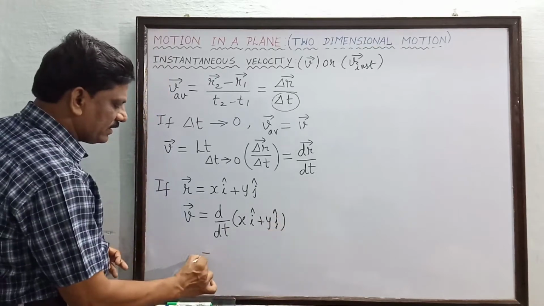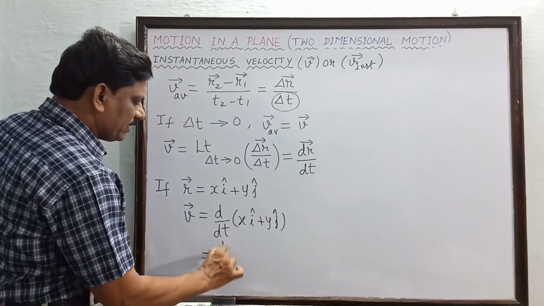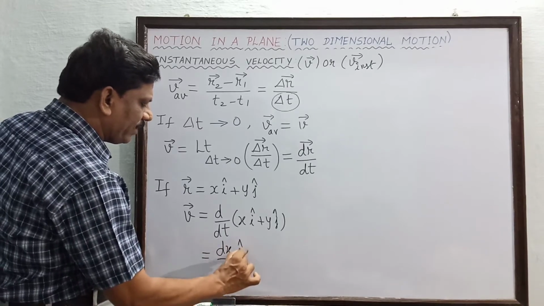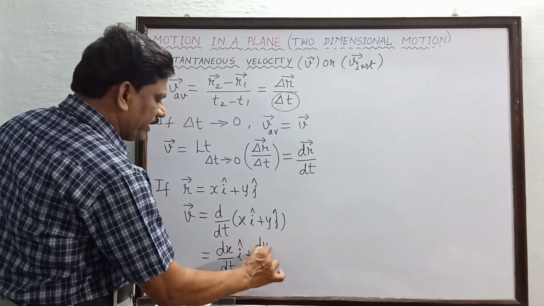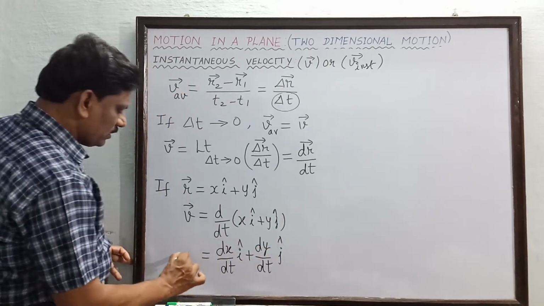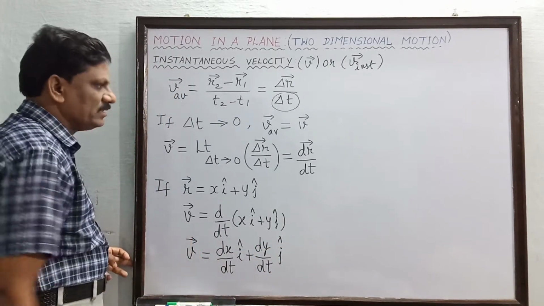So this is equal to dx by dt into i cap plus dy by dt into j cap. So this is the instantaneous velocity.